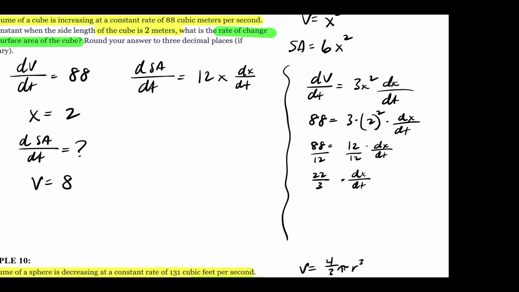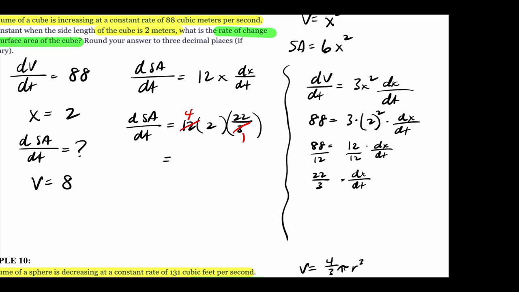Okay, so now I can plug it in to my other one. dSA/dt equals 12 times 2 times 22 thirds. That cancels out with that, that makes a 4. 8 times 22.